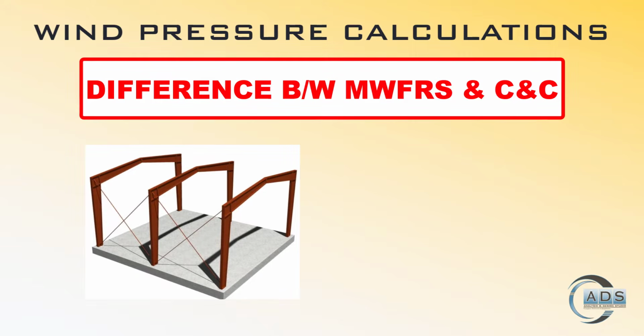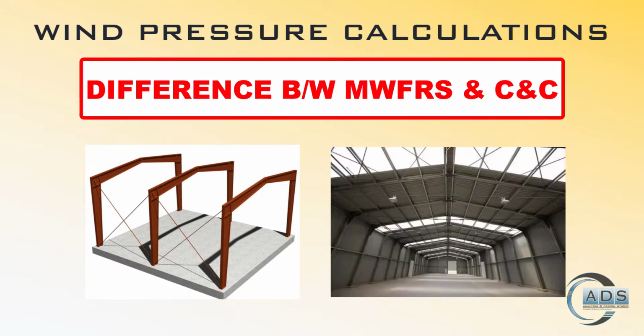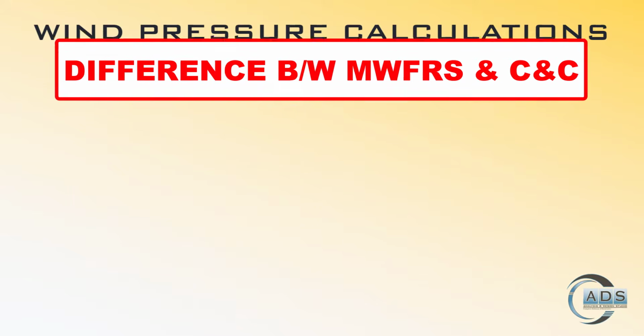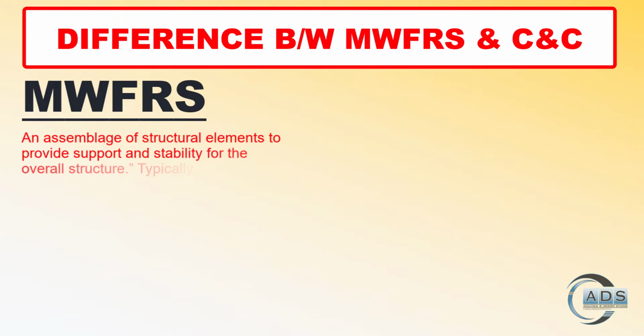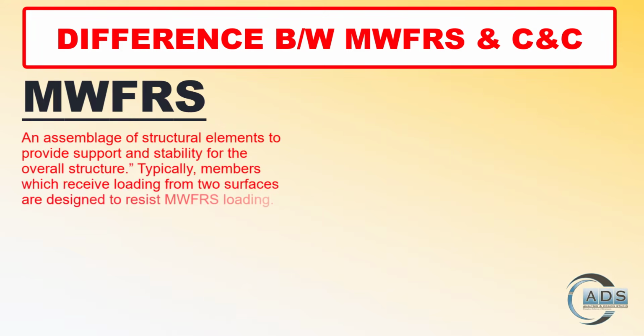main wind force resisting system (MWFRS) and components and cladding (C&C). Main wind force resisting system is defined as an assemblage of structural elements to provide support and stability for the overall structure. Typically, members which receive loading from two surfaces are designed to resist MWFRS loading.